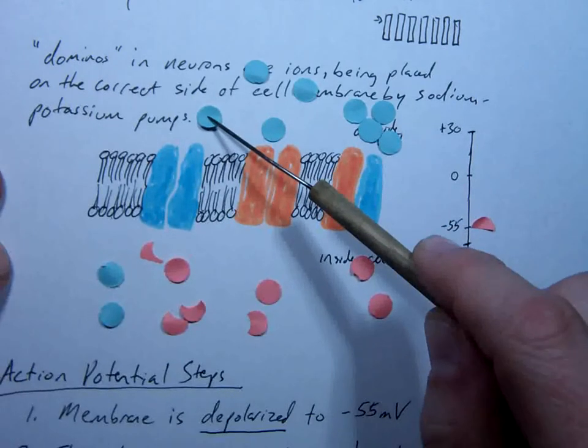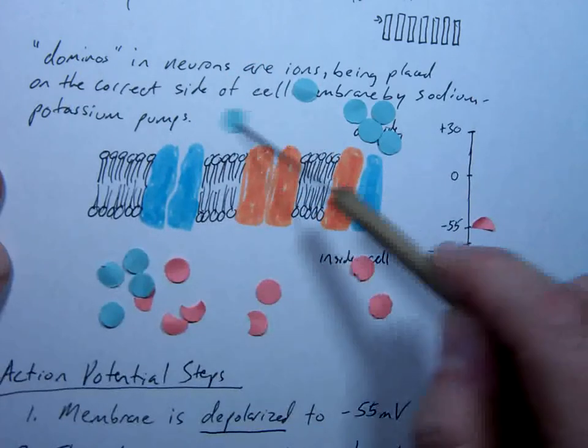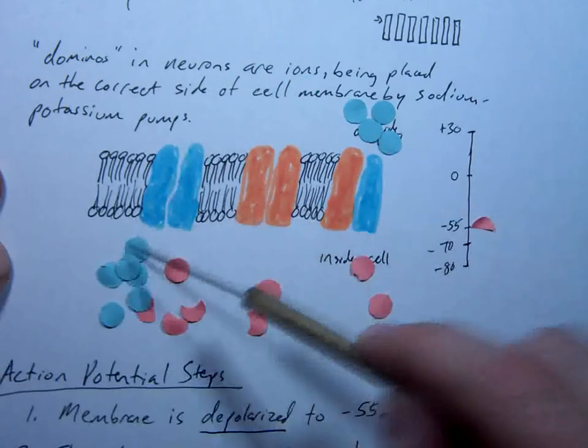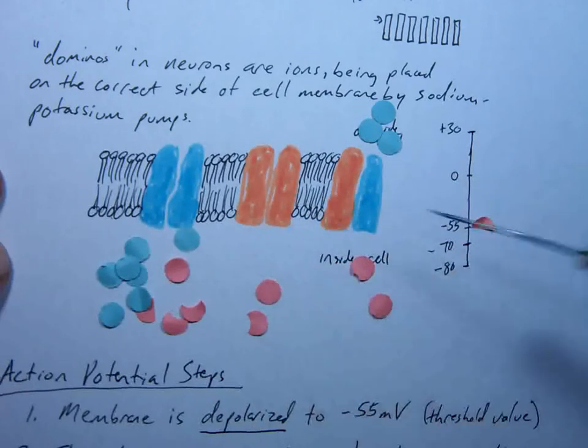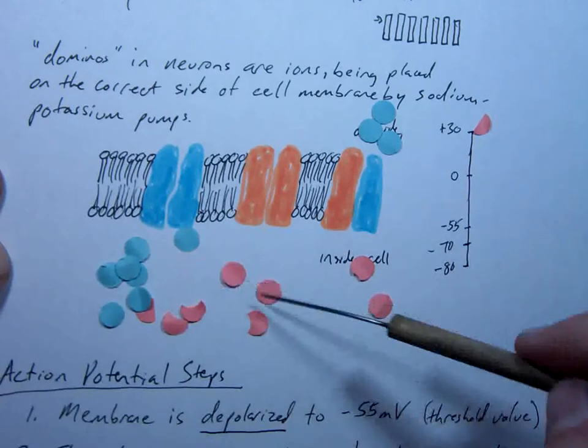They're going to diffuse from high to low concentration. These sodium ions are going to flood in. And now what happens to this number? It goes all the way to plus 30. Okay? All right? And at plus 30, what happens?